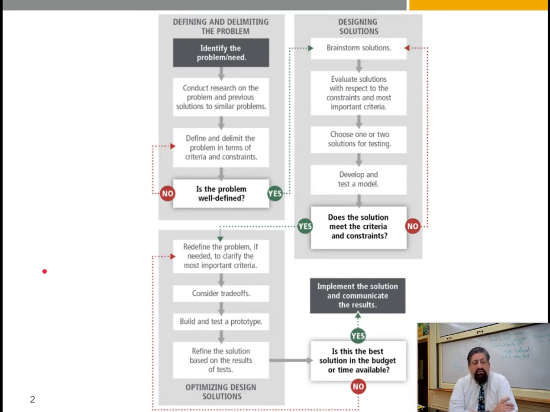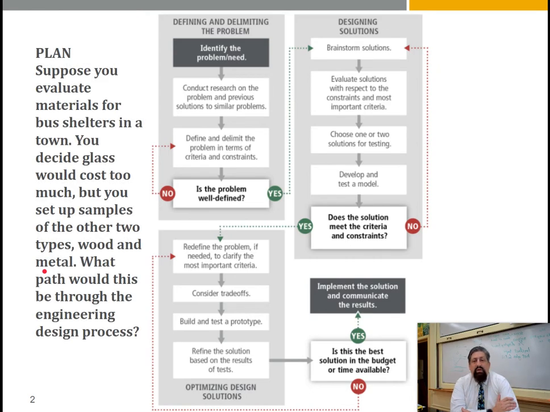And then based on those results, you're going to refine your solution. And once you are confident that this is the best solution that meets the criteria and constraints, some of those constraints may be budget or time, then you will implement the solution, build the actual product, and communicate the results to whoever you're producing this solution for.